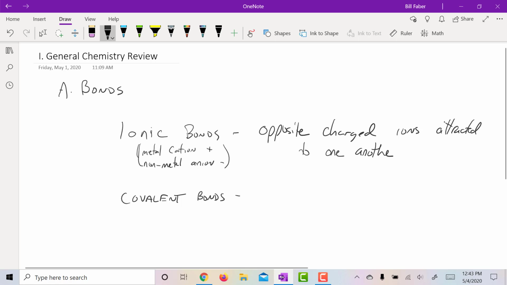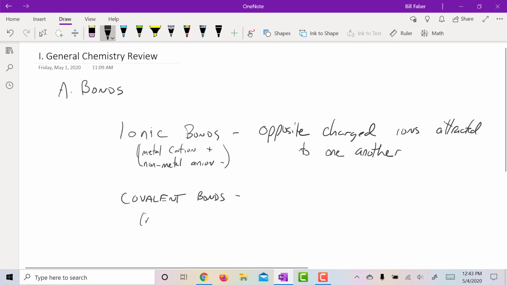They have opposite charges that are attracted to one another, a positive cation and a negative anion, and so they just are linked together. They're not sharing electrons or anything like that. They're these oppositely charged things that are attracted to one another.